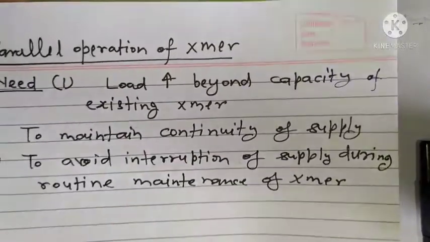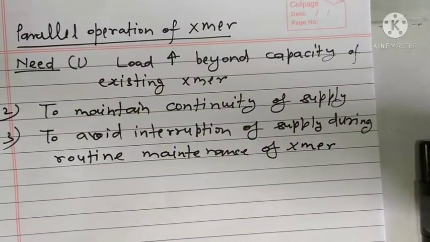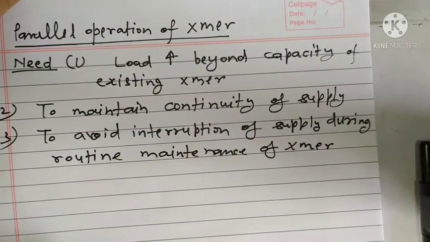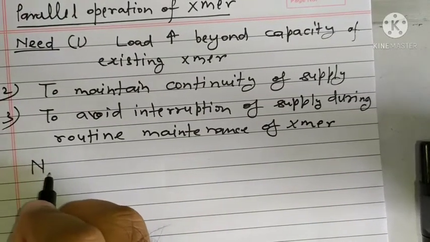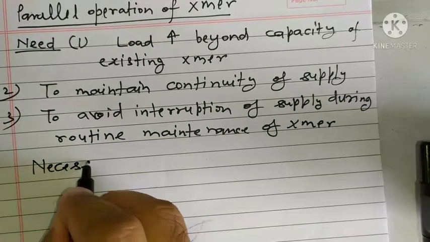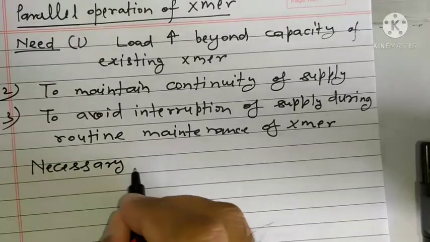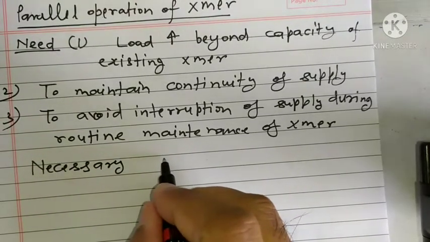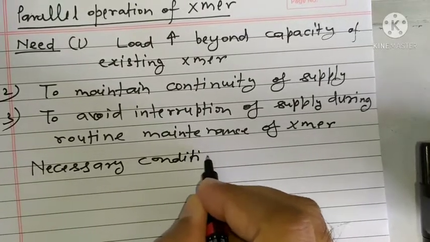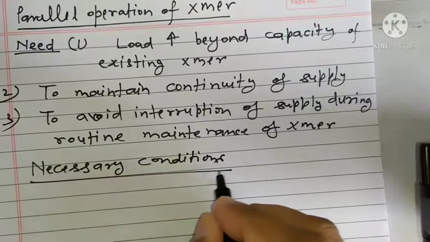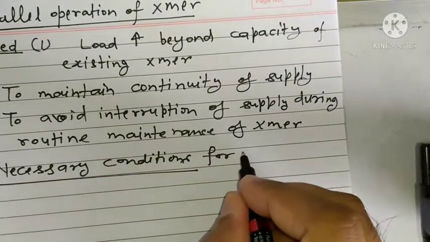Now let us see what are the conditions to be satisfied to connect transformers in parallel. So, necessary conditions for parallel operation.